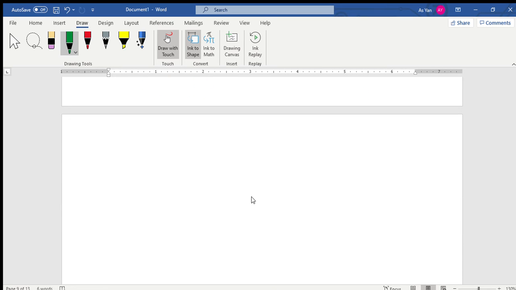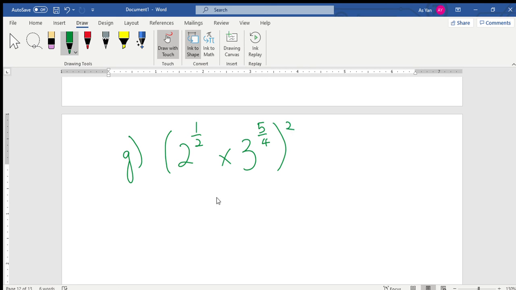Next, G. 2 to the power of 1 over 2 times 3 to the power of 5 over 4, raising the power of 2, divide by 3 to the power of 1 over 2.